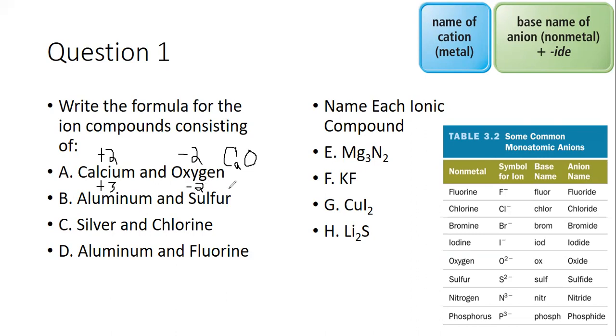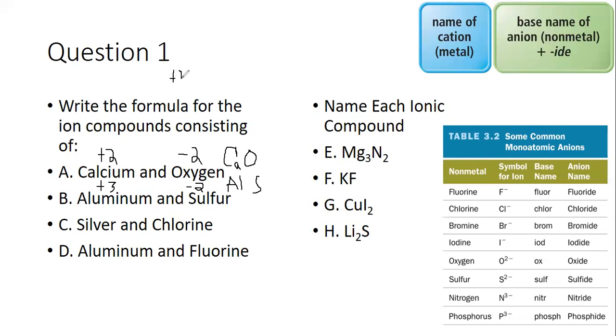And the question is, when I combine aluminum and sulfur together, what ratio do I need to combine them in to be neutral? Right? Because if I combine them in a 1-to-1 ratio, +3 -2 equals +1.